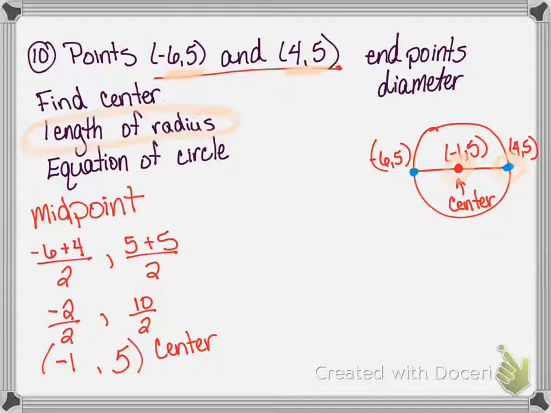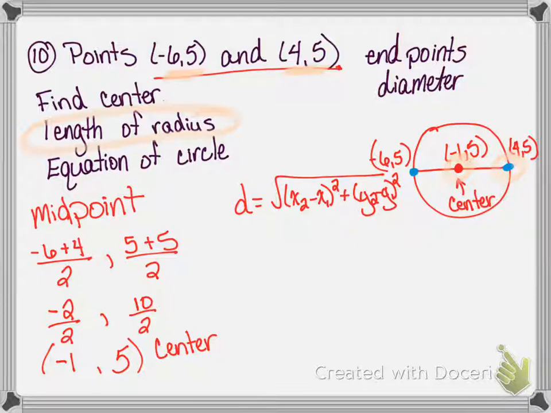Yes. So that's what we're going to do this time. So the distance formula: distance equals the difference in my x values squared plus the difference of my y values squared, and then I add those together.